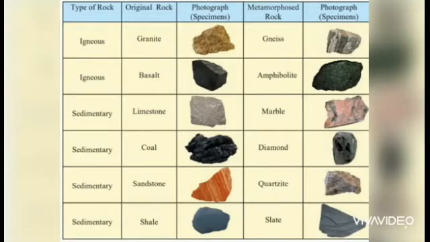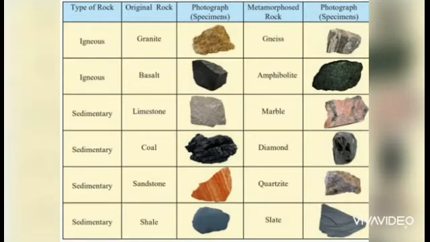Gneiss has many uses as a building material such as flooring, ornamental stones, gravestones, and other work surfaces. The next original rock is basalt. Basalt gets metamorphosed into amphibolite. Amphibolite is used as paving stones.